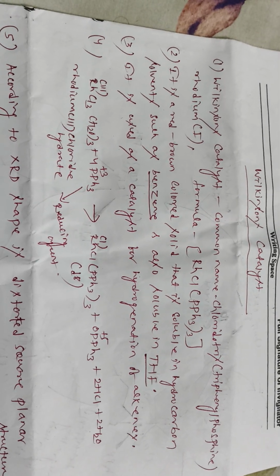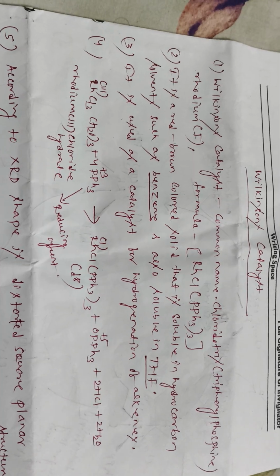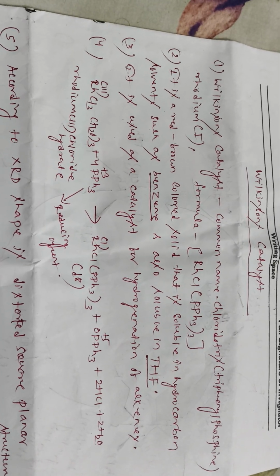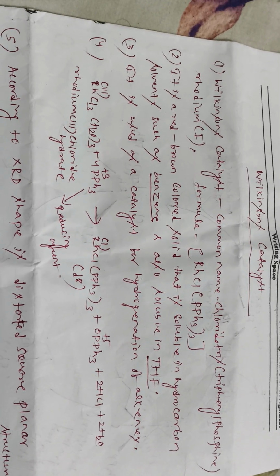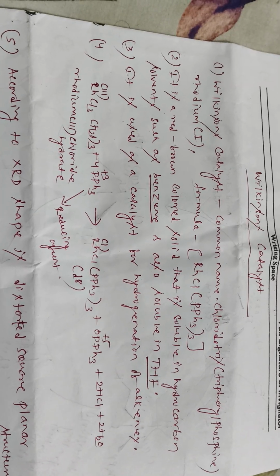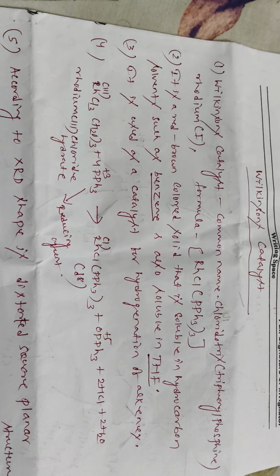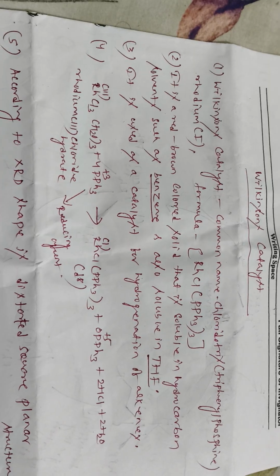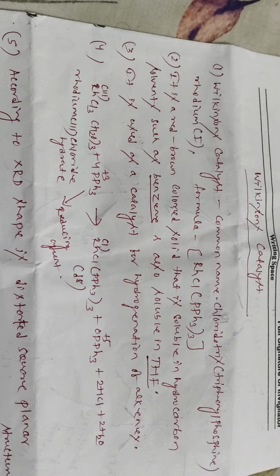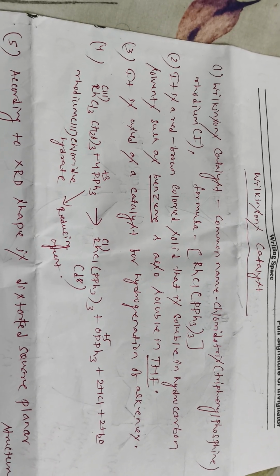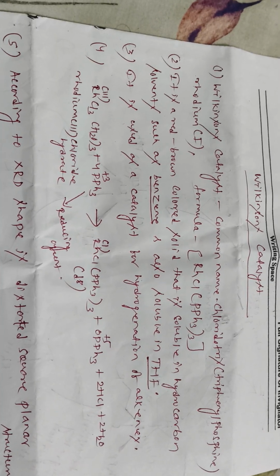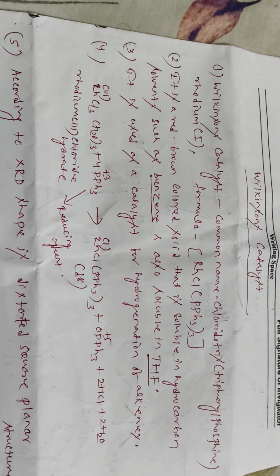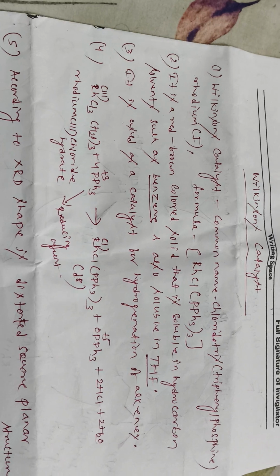For the preparation of the Wilkinson catalyst, we have to use rhodium(III) chloride hydrate. The oxidation state of rhodium is +3. Then we add triphenylphosphine, and we will get the Wilkinson catalyst. If you look at the reaction, the oxidation state of phosphorus in PPh3 is +3 in the reactant state, and after the product formation, OPPh3, the oxidation state of phosphorus is +5.